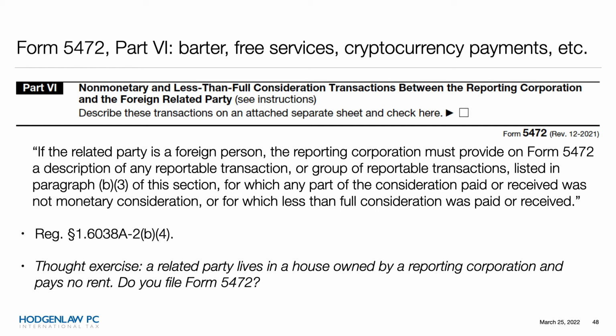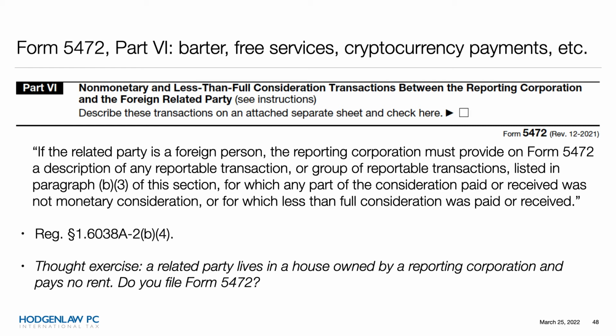So I give you a little thought exercise here. Let's say you have a domestic corporation, 100% foreign shareholder. It buys a house in California, and it's a vacation home for the shareholder. So it's not being rented, not engaged in business. The corporation allows the shareholder to live there for free.